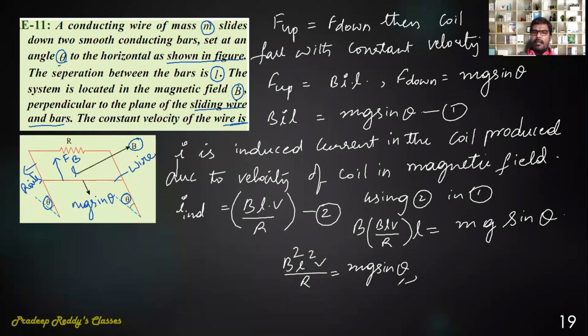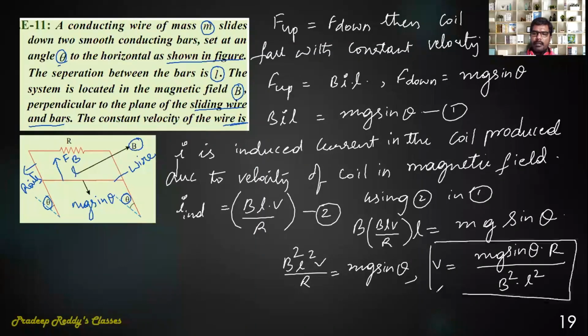You are supposed to calculate the velocity of the coil. This velocity is often called terminal velocity because the net force acting on that coil will be 0. So this velocity v is written as mg sin theta into R divided by B square L square. This is the equation for terminal velocity of the coil.